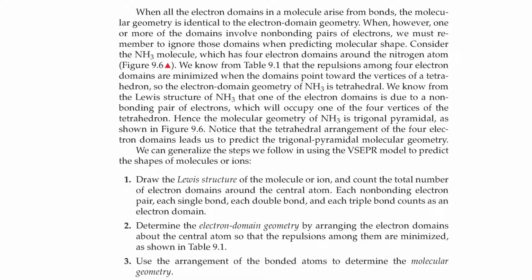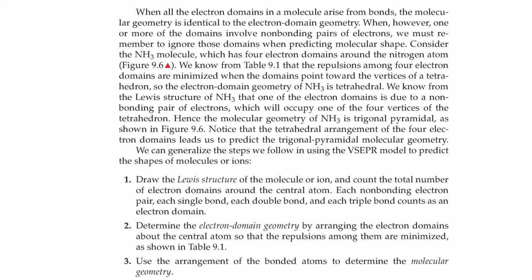We know from the Lewis structure of ammonia that one of the electron domains is due to a non-bonding pair of electrons, which will occupy one of the 4 vertices of the tetrahedron. Hence, the molecular geometry of ammonia is trigonal pyramidal, as shown in Figure 9.6. Notice that the tetrahedral arrangement of the 4 electron domains leads us to predict the trigonal pyramidal molecular geometry.